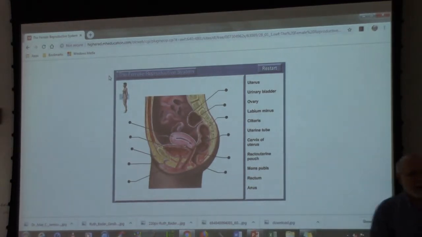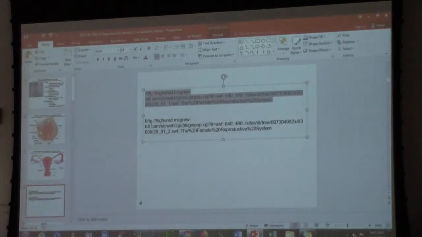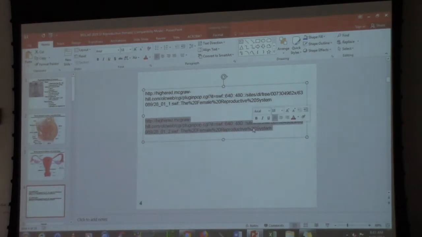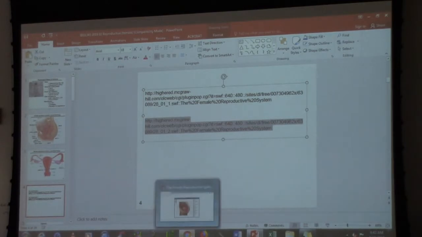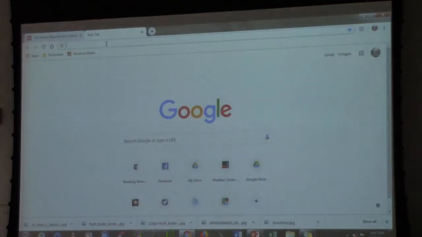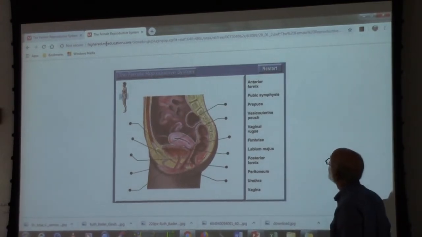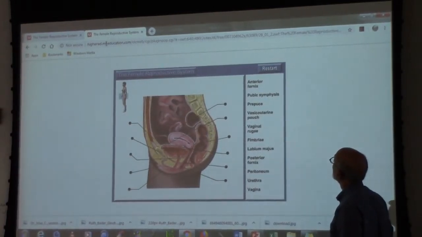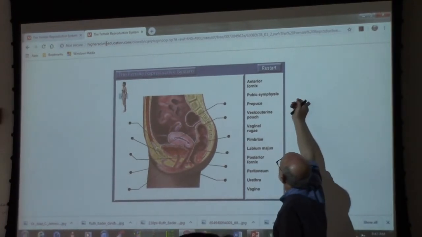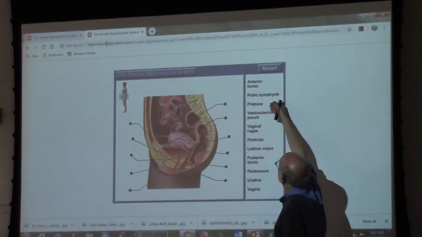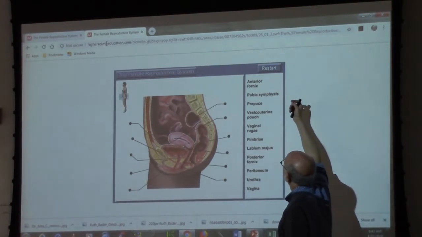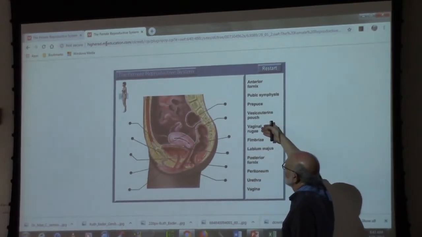So you can see some names that I do want you to know, and some additional material that is not necessary to know. Let's see what the other one looks like. It looks the same, it just has some different names. Prepuce, or the hood of the clitoris. Vaginal rugae.